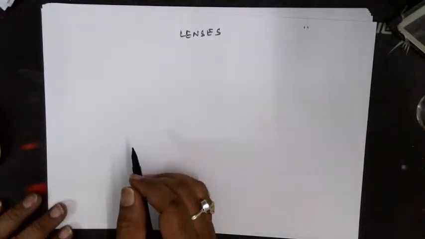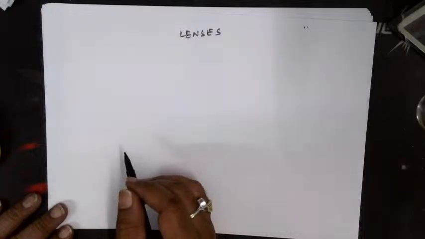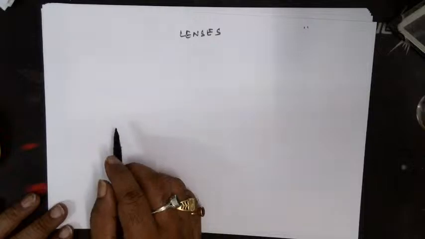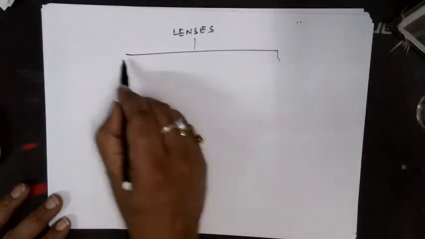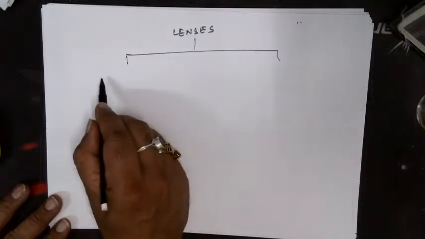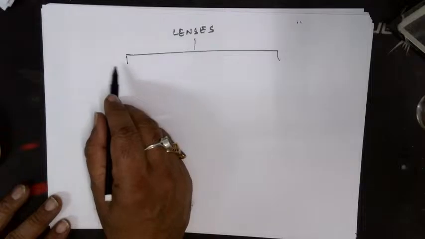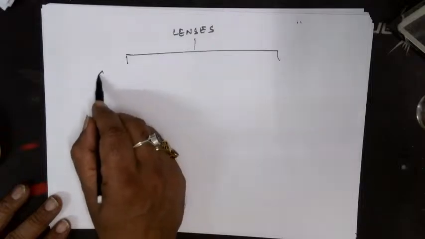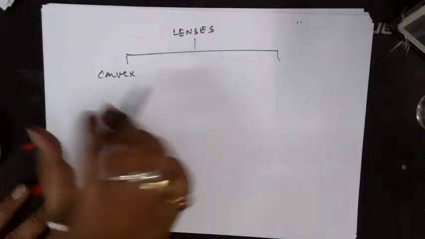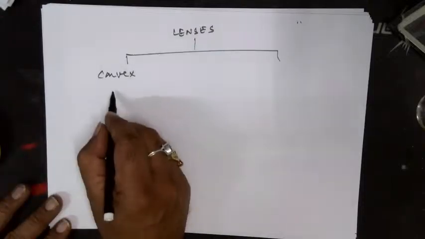We have two spherical refracting surfaces, a convex lens and a concave lens. We consider here the spherical refracting surfaces, so convex. When I say convex, it is biconvex. It is convex on both sides like this.